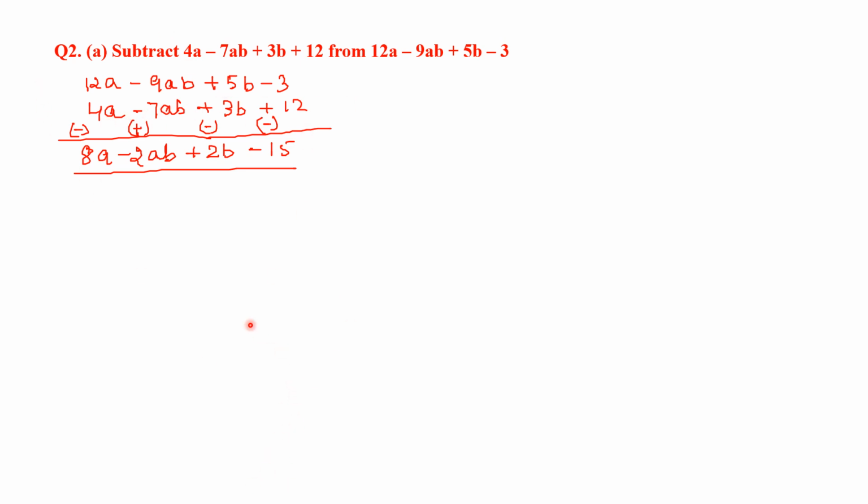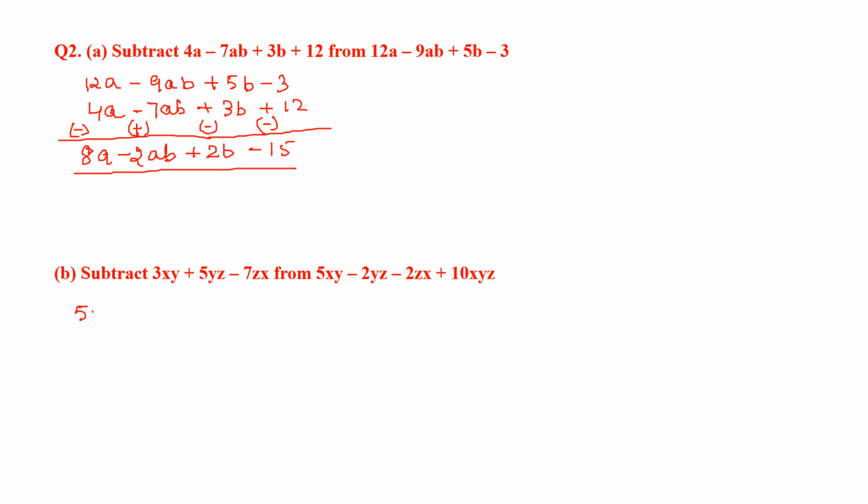Now, the second question is: subtract 3xy plus 5yz minus 7zx from 5xy minus 2yz minus 2zx plus 10xyz. So again, the expression which is written after "from" will come first.